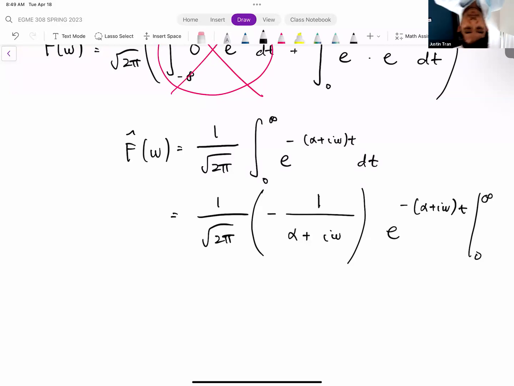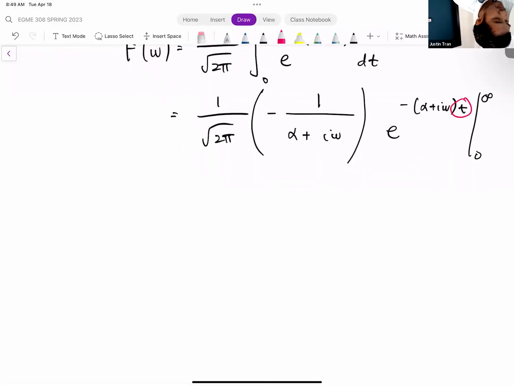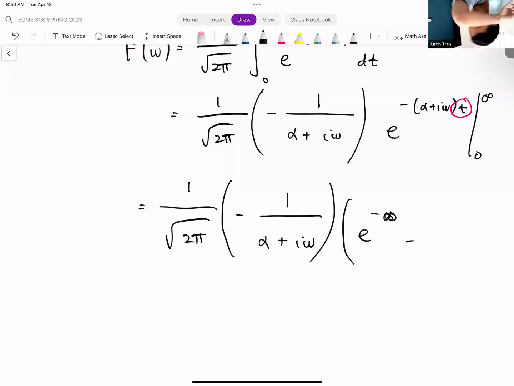So if we evaluate those integration bounds, remember we're plugging in for t, that's our integration variable. If we do that, we get 1 over square root of 2 pi times minus 1 over alpha plus I omega, times e to the minus infinity times alpha plus I omega, minus e to the minus alpha plus I omega times 0.